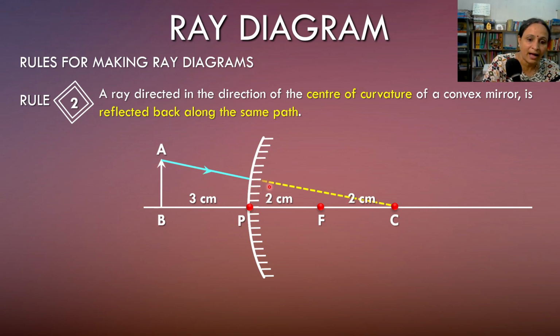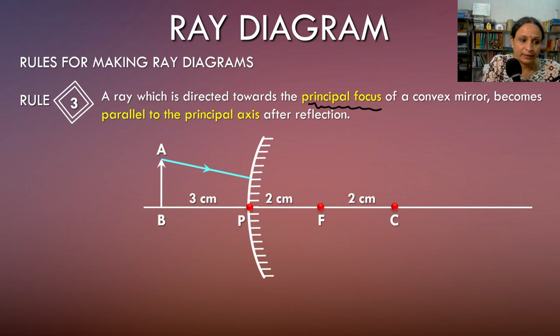If extended back, it goes and meets the center of curvature. So, जिस रास्ते आएगा उसी रास्ते लौट जाएगा. The ray comes, if it is along the center of curvature, extended. Of course, it cannot go inside the mirror. After reflection, it will retrace the path. जिस direction जाएगा उसी direction वापस भी आ जाएगा.